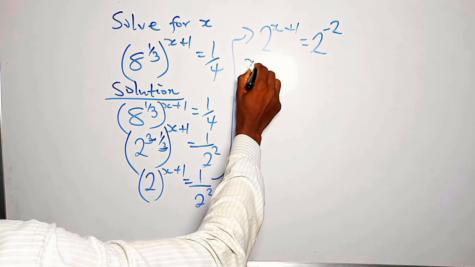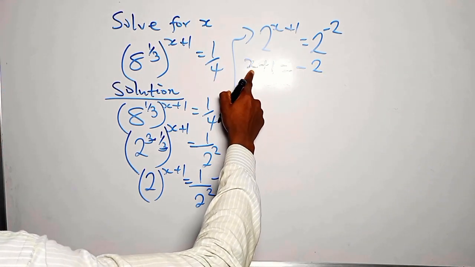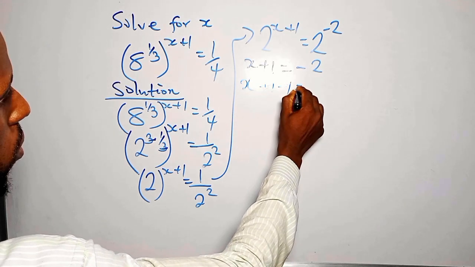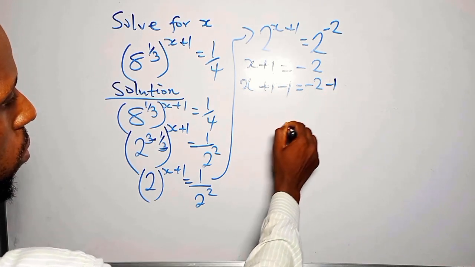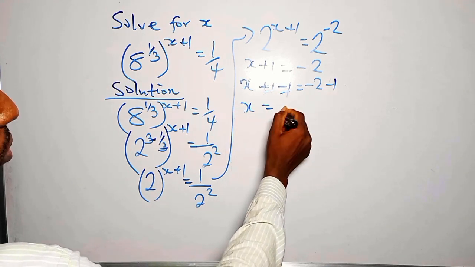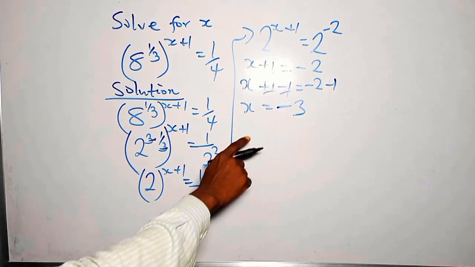So here we have x plus 1 equals minus 2. So we can subtract 1 from both sides. So we have x plus 1 minus 1 equals minus 2 minus 1. So here we have x, this is out. So we have minus 2 minus 1, that is minus 3 to be the value of x.